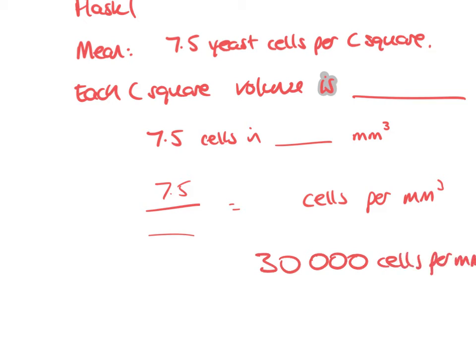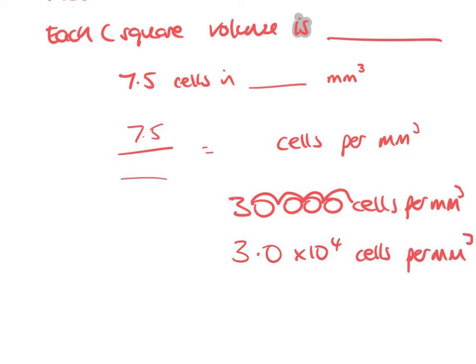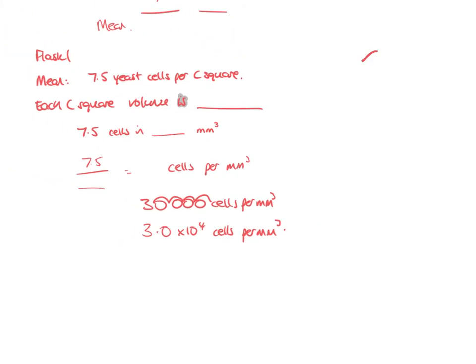We want you to write that in standard form. So yesterday we knew standard form is where you move the decimal point. So you've got 3.0. So you move it 1, 2, 3, 4. Okay. You do the same for flask 2.